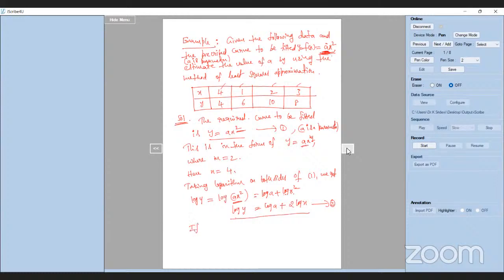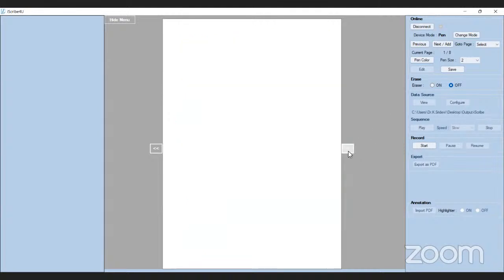That means we have to assume that log y is equal to capital Y, log a is equal to capital A, and log x is equal to capital X. Then equation 2 becomes capital Y is equal to capital A plus 2 capital X.